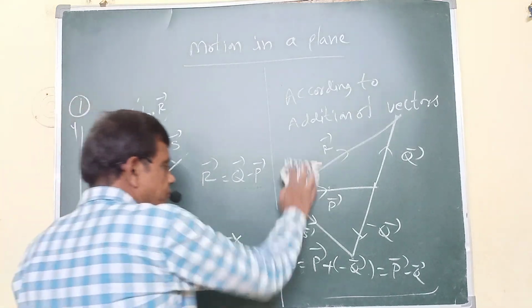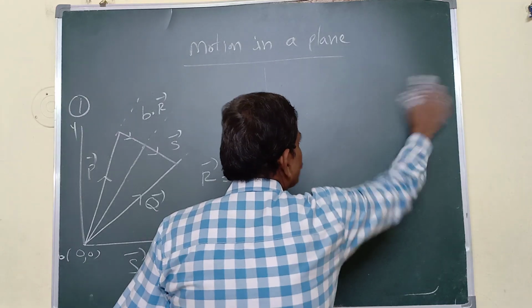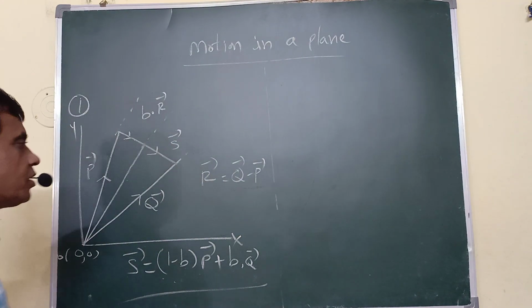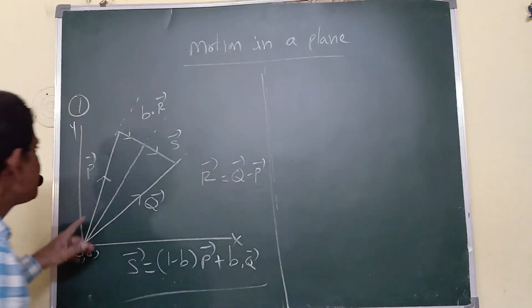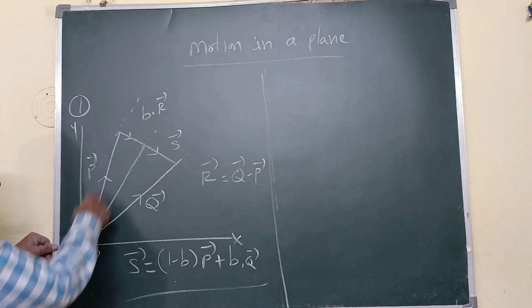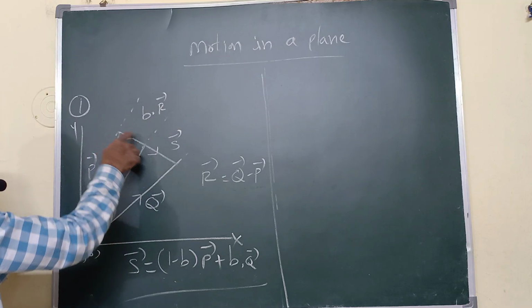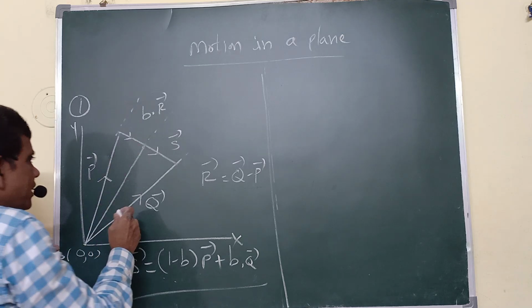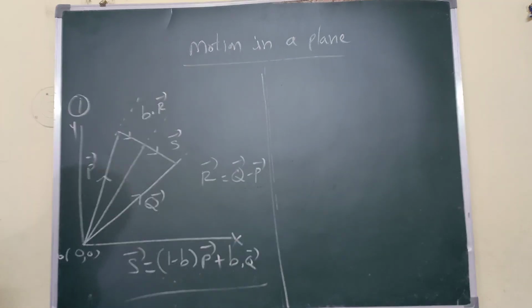Now I am taking this vector. This is the first vector final position, second vector initial position joining. Next, second vector terminal point, first vector initial point join. So this I am taking. So what you are given this vector?